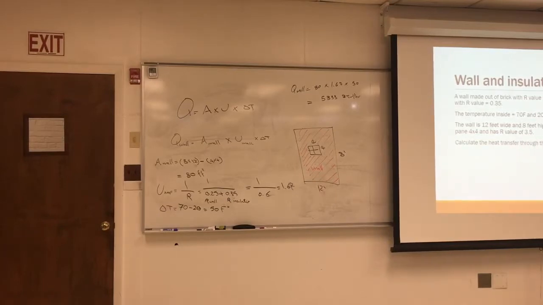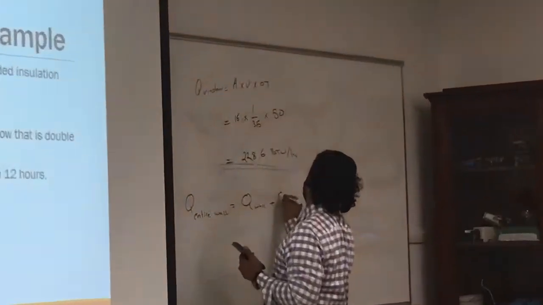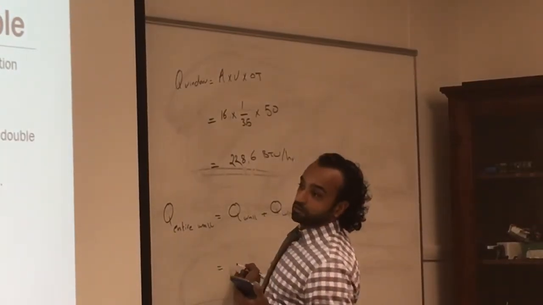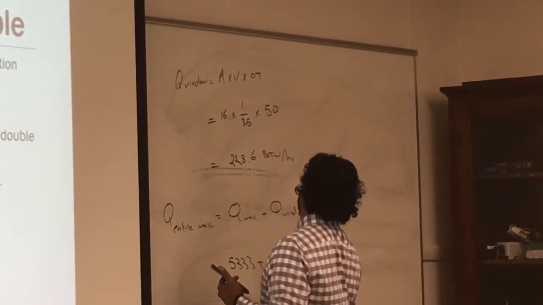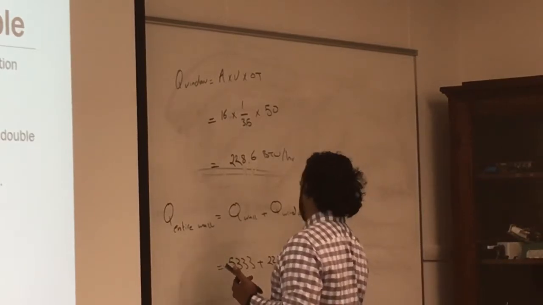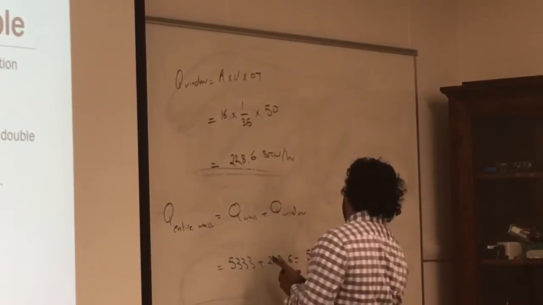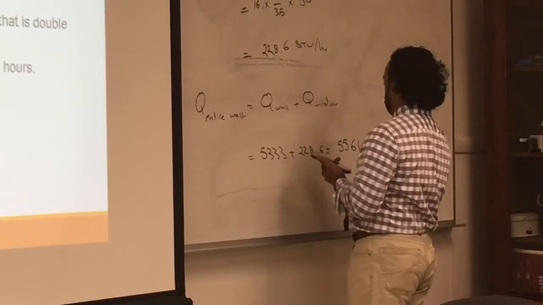So Q entire wall equals Q wall plus Q window. So we got 5,333 plus 228.6 equals 5,561.6 BTU per hour.